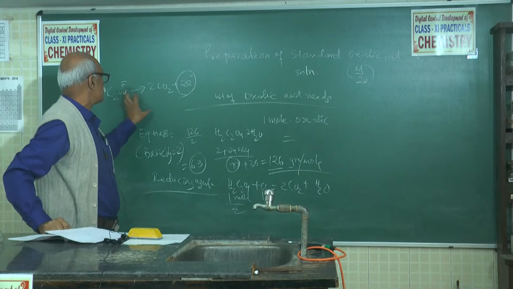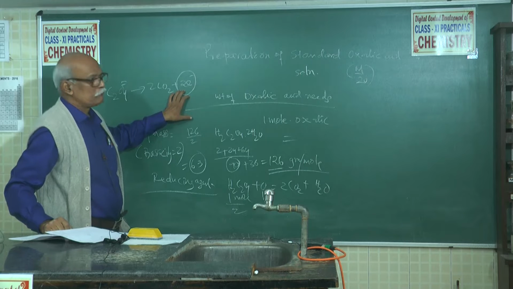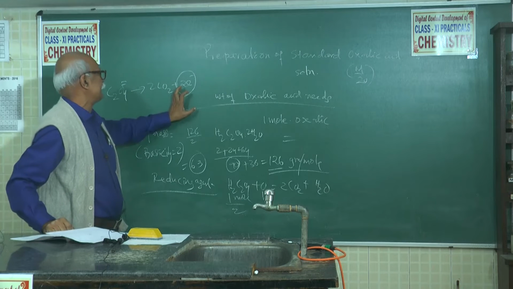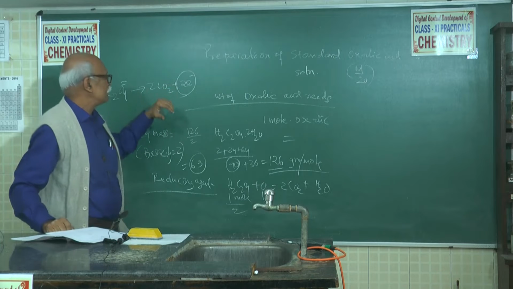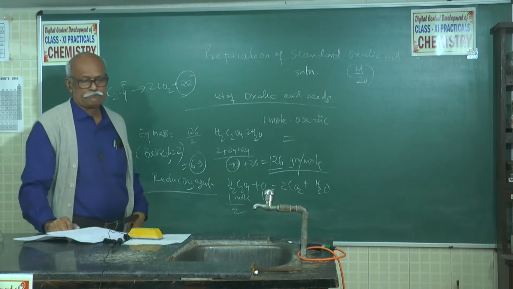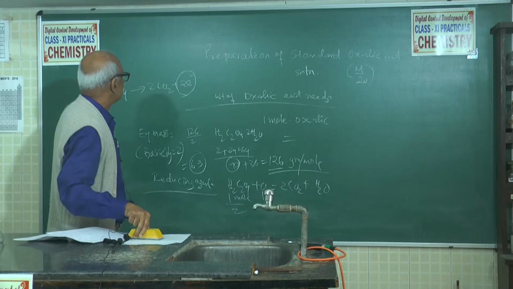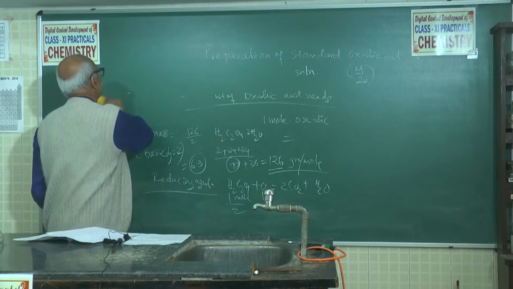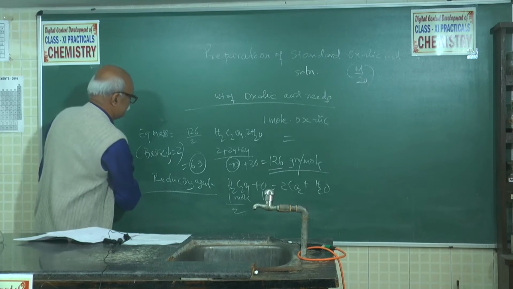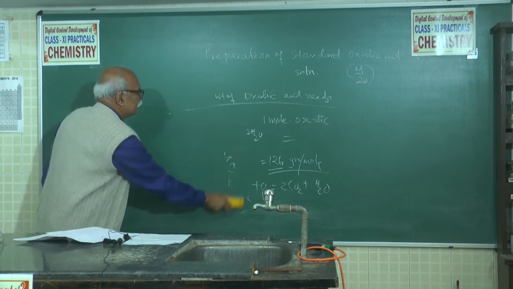So equivalent mass equals molar mass divided by the number of electrons involved. Involved means it may be added or subtracted. If it is subtracted, that is a case of oxidation. If it is added, that is a case of reduction. Whatever the case may be, the molar mass is divided by the number of electrons involved so that you can find the equivalent mass. So 63 is its equivalent mass.